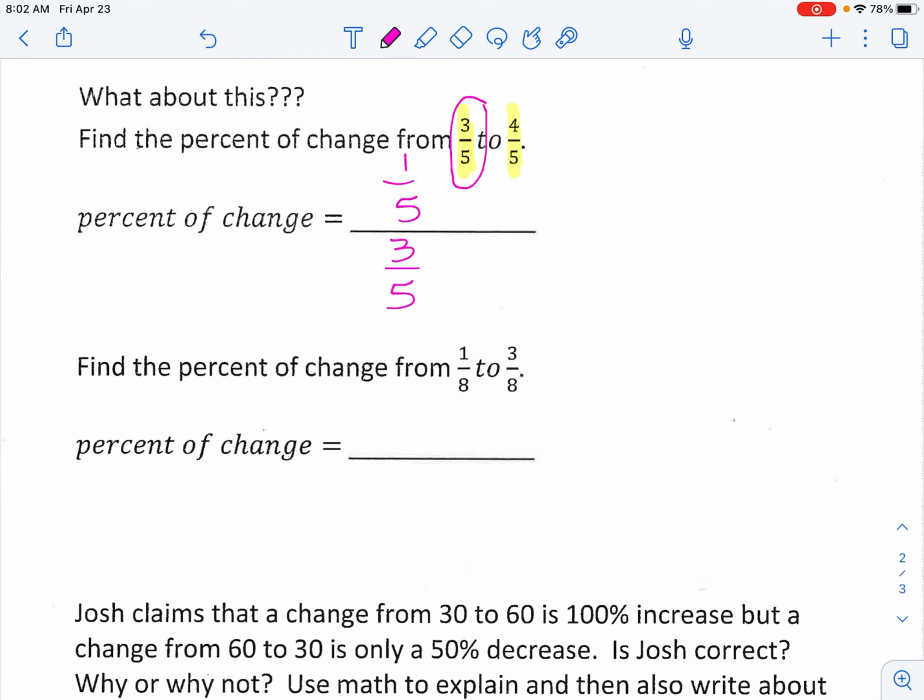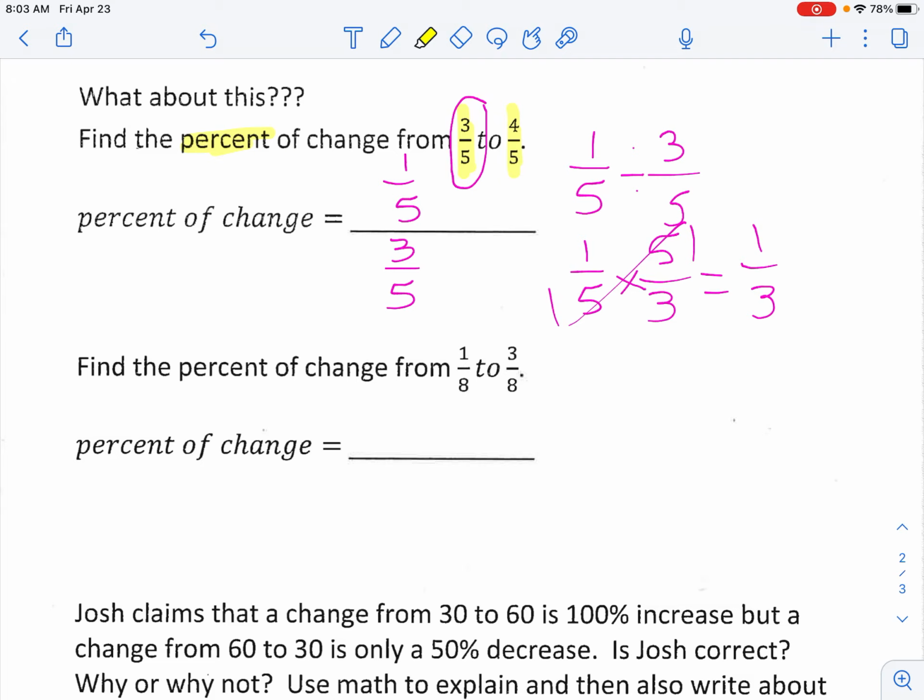So now I'm going to come over here and know what I do with fractions, 1/5 divided by 3/5, multiply by the reciprocal, so keep, switch, flip, cross cancel, and multiply. Now, remember, we're supposed to give our answer in the percent, not a fraction. So now I'm going to go to my calculator and divide 1 by 3.